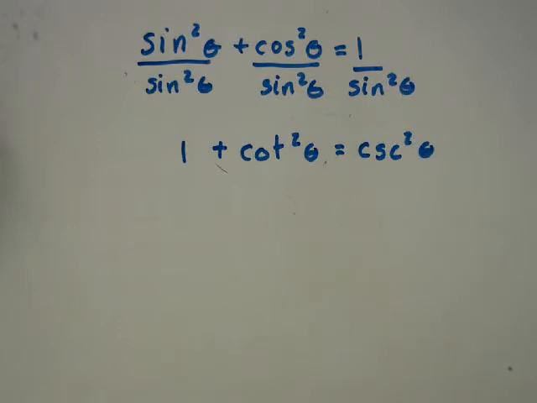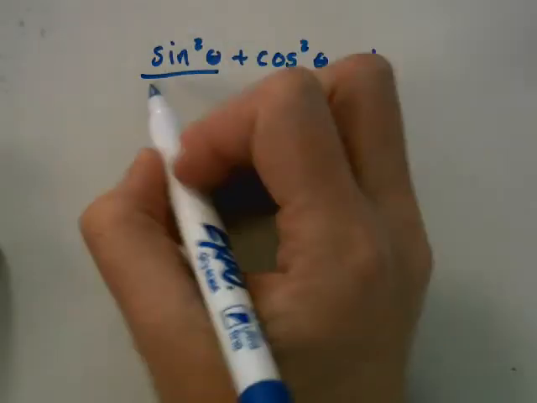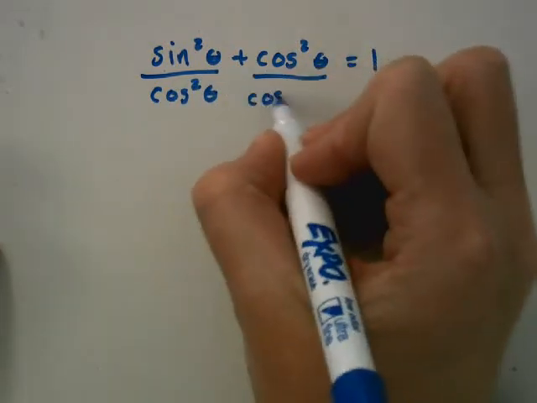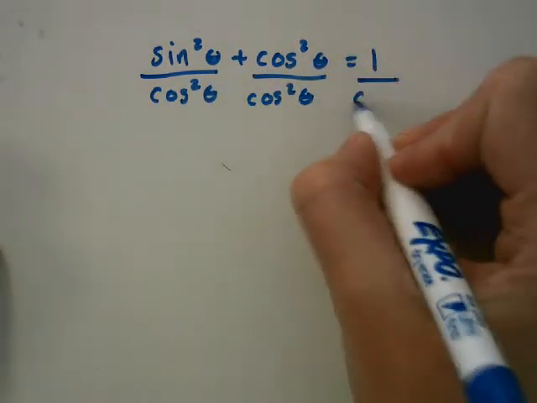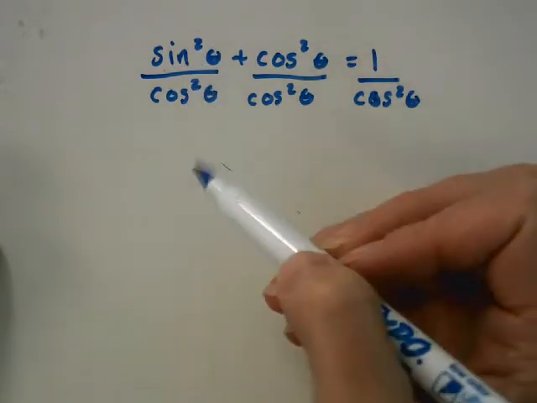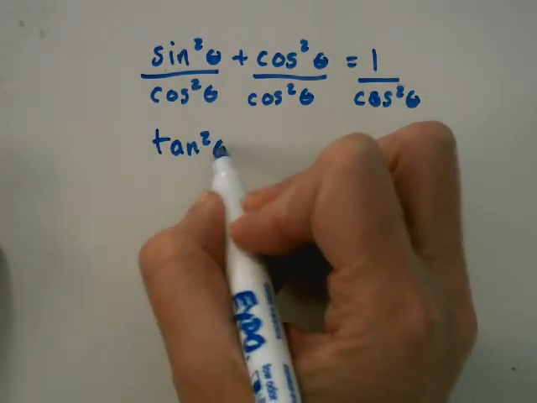We'll also do the same thing with cosine. If I take these all and divide by cosine squared now, sine divided by cosine is tangent, so sine squared over cosine squared is tangent squared.